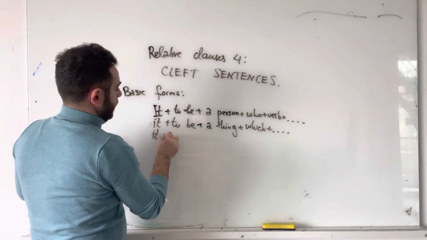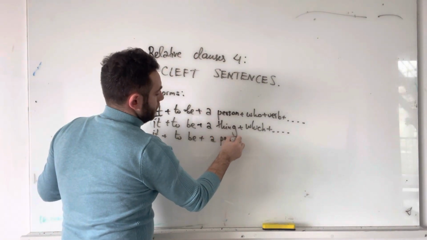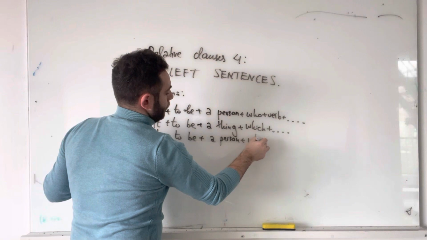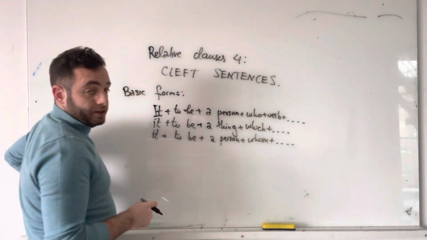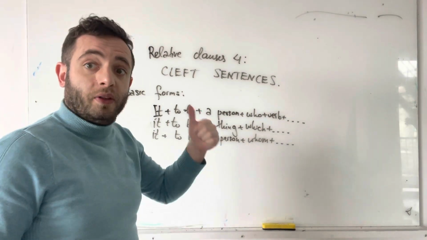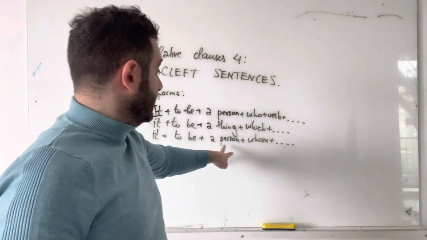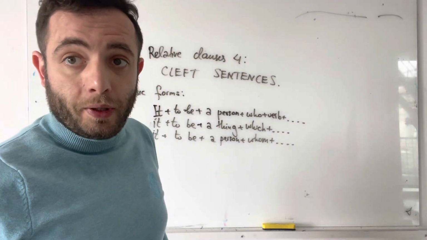Then "it" plus "to be" plus, for example, a person, then "whom," and the rest of the sentence. I'm not writing the rest of the sentence because from the first lesson on relative clauses, you know what's used with the "whom" structure.